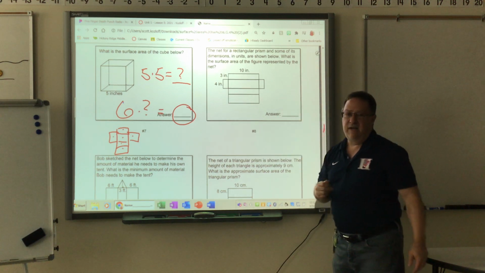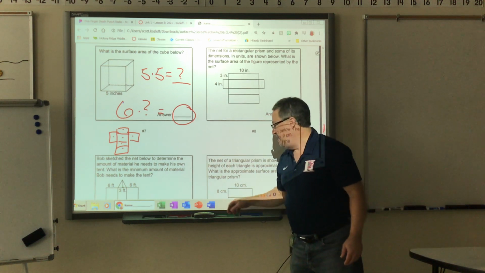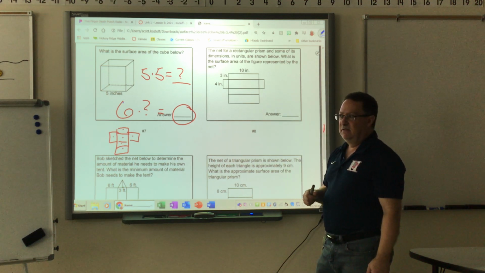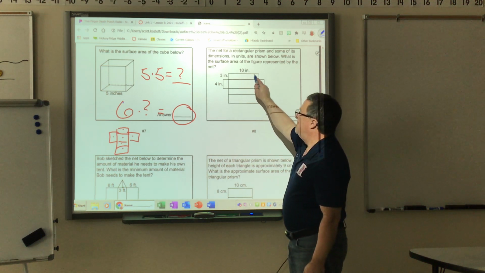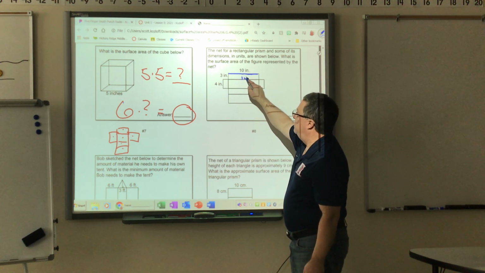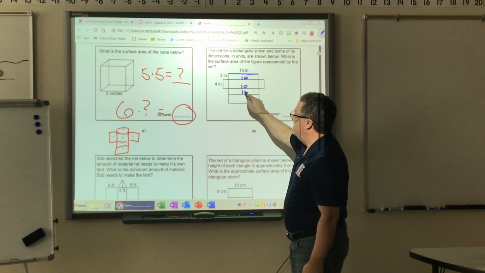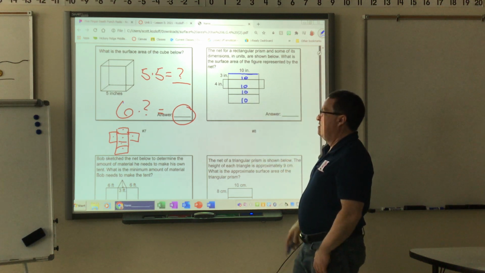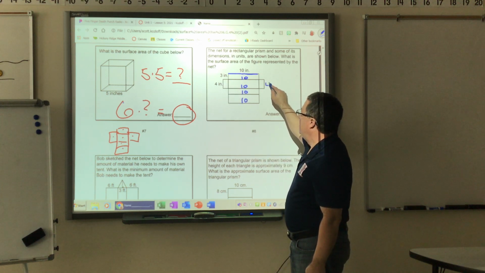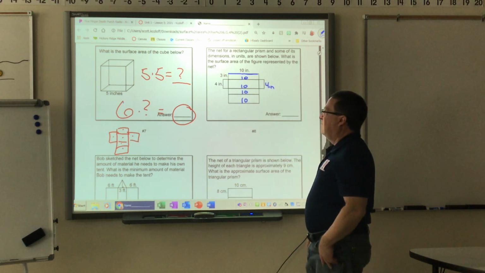version of a net. So you have to be able to label all of these faces. Okay? So if this line is 10, then so is this one, and this one, and this one. If the length of the left side is 4, the length of the right side is 4.